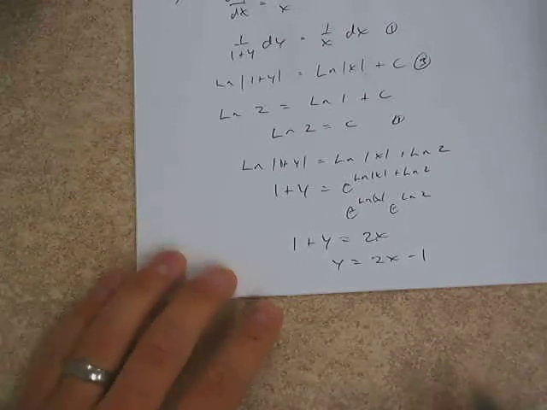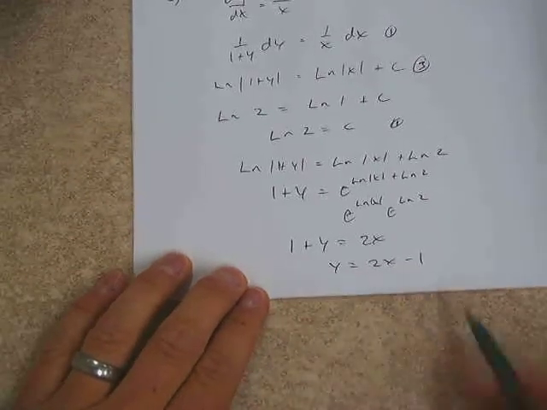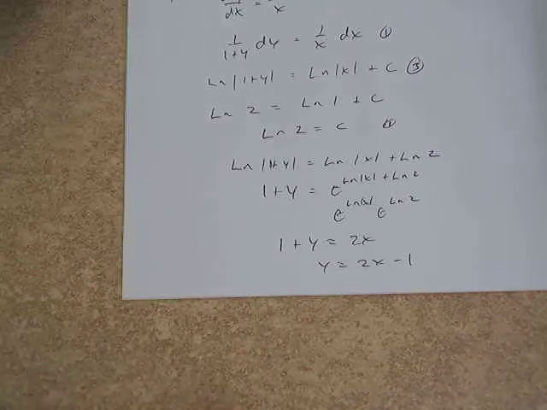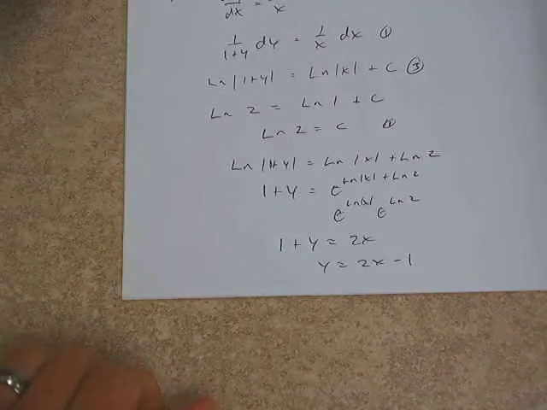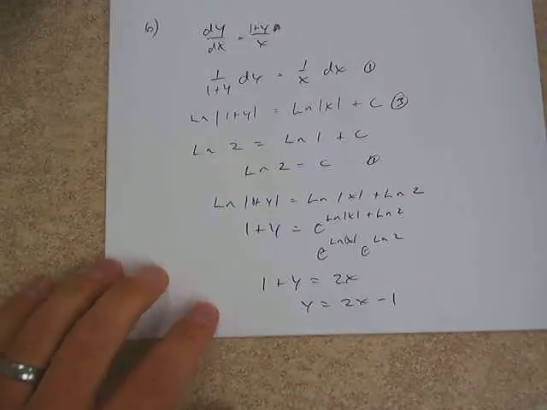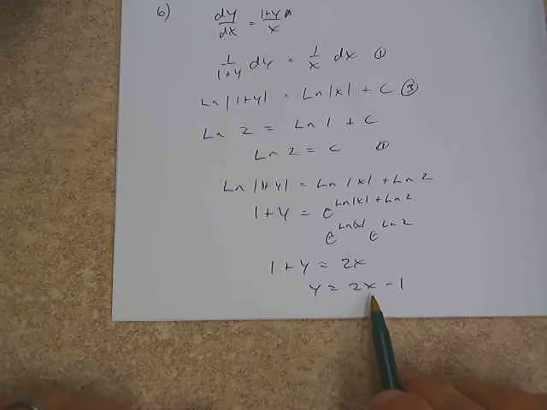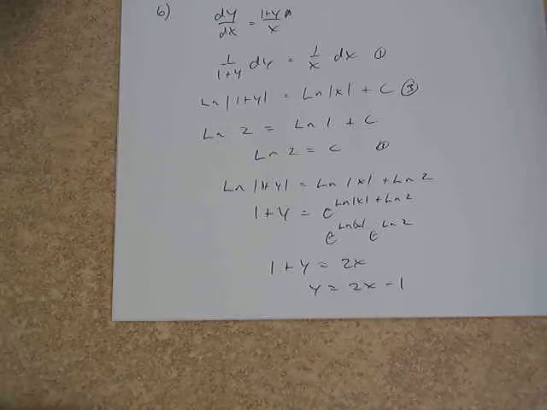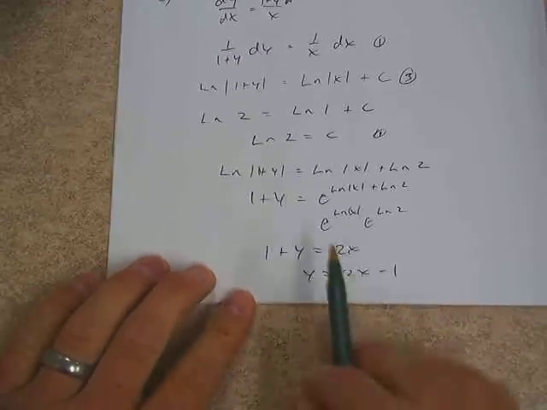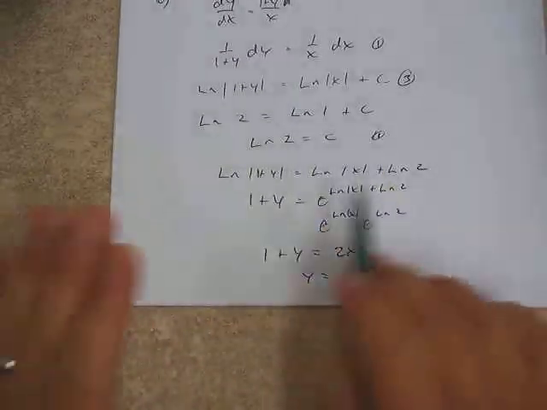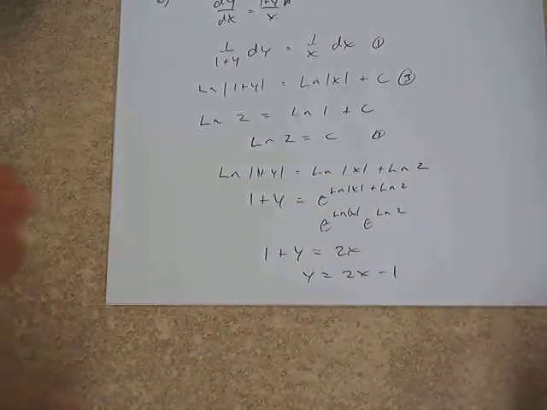Remember the algebra of this is, since this is a power that's a sum, we can separate that into ln x, ln 2. And so we'd have 1 plus y over here. And on this side, this is simply x, and this is simply 2. So we have 2x here on the side. And then from that, the question is solving for y here. And if we do that, we get 2x minus 1.